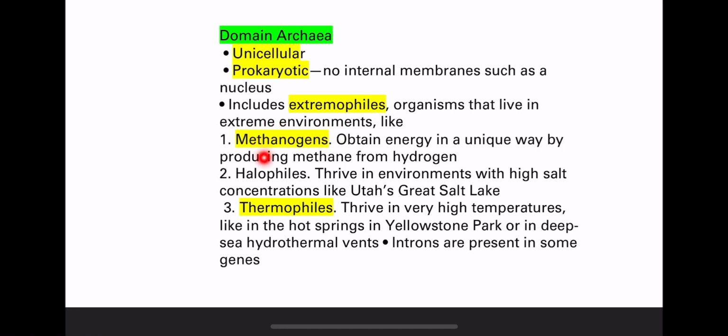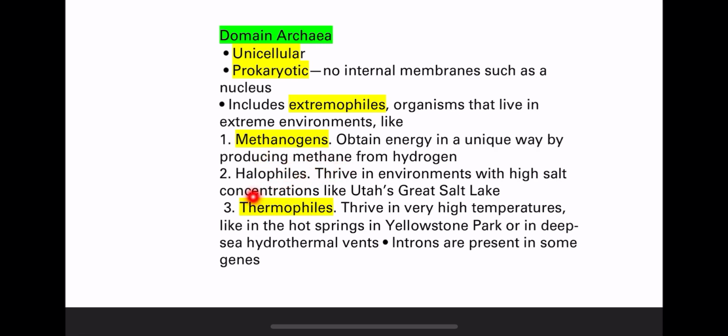If there is a lot of salt, or a lot of acid, or very high temperature, these are extreme environments or extreme conditions. There are some extremophiles called methanogens. They obtain energy in a unique way. How? By producing methane from hydrogen. They can take hydrogen and produce methane.